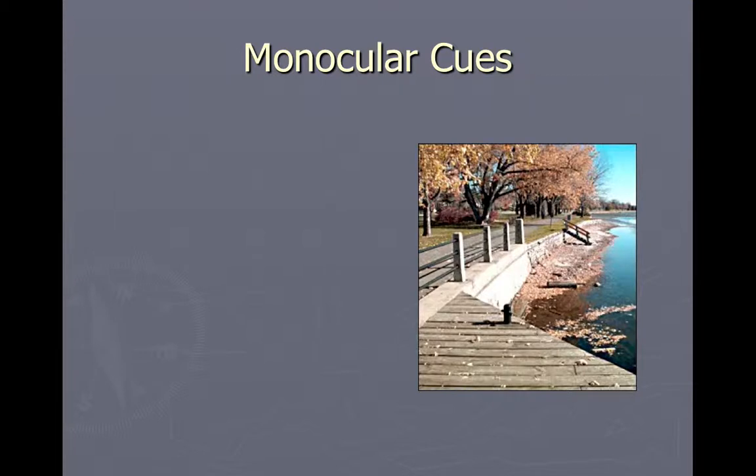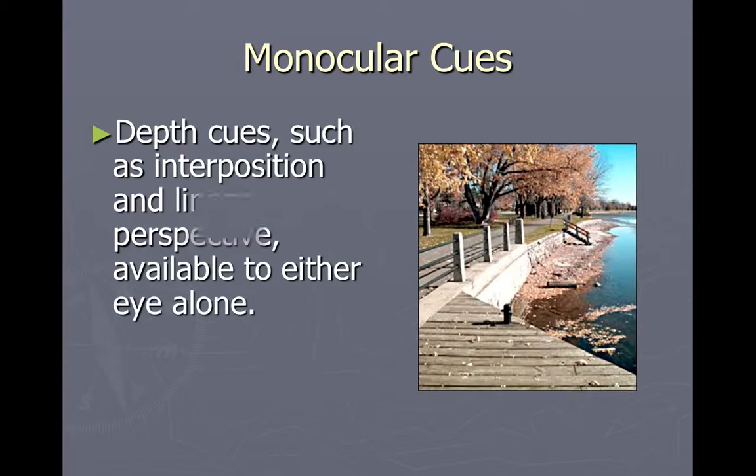All right, so moving on to monocular cues. These are the ones that I think get a little bit tricky, and we are going to have you do an assignment on it to help you really process and understand the difference of the monocular cues. A good way to really understand monocular cues, which are depth cues that are available to 1 eye alone, either your left eye or your right eye, is by looking at art.